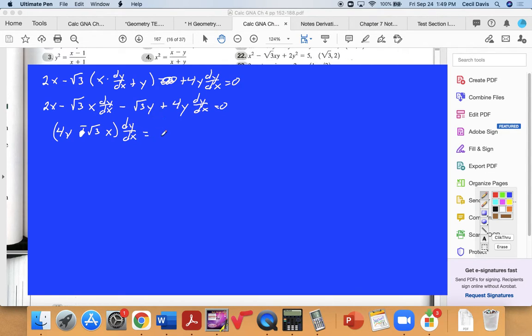Equals, move everything else to the other side, so that'll be the square root of 3y minus 2x. And then divide by 4y minus the square root of 3 times x. Okay?